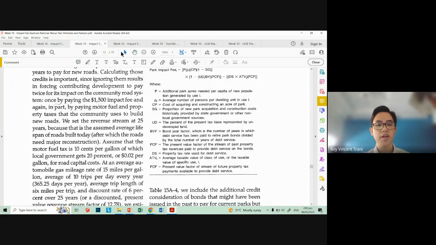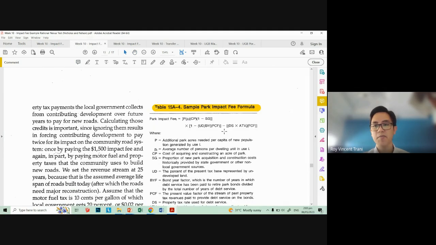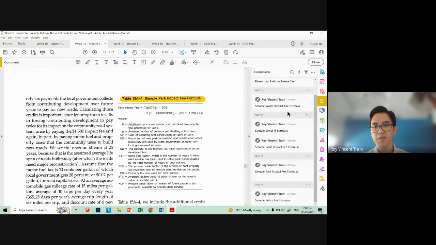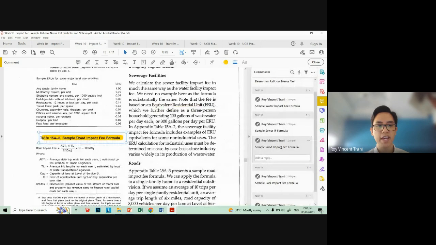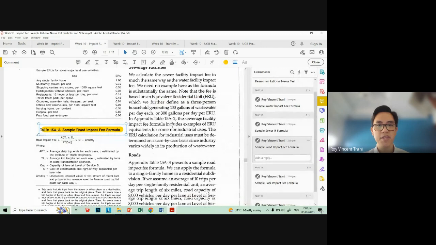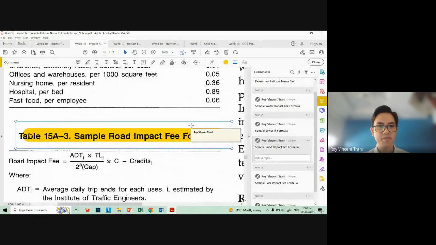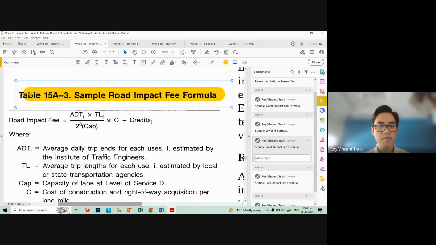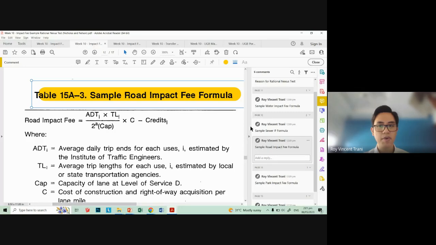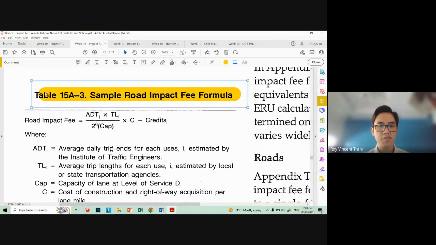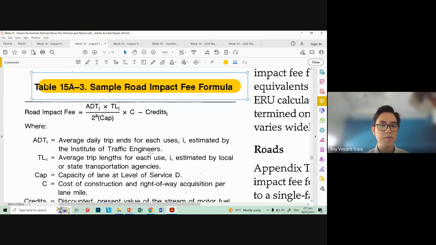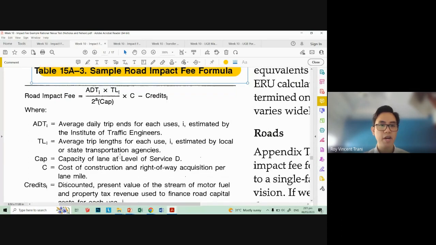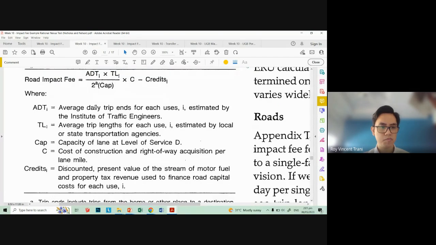And then this is where, if the park impact fee was complicated, it will be even more complicated when we look at the road impact fee formula. So the idea is that the road impact fee is determined by daily average trip ends and trip lengths, divided by a 2A cap.